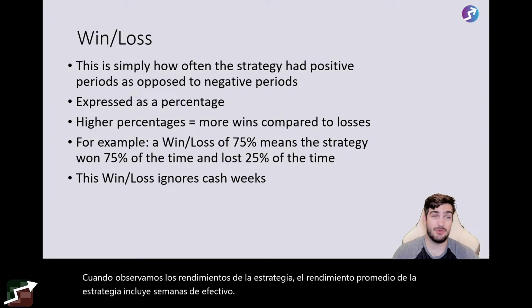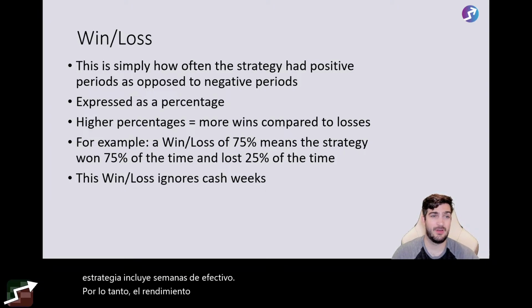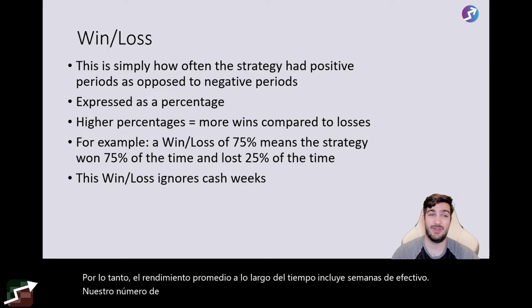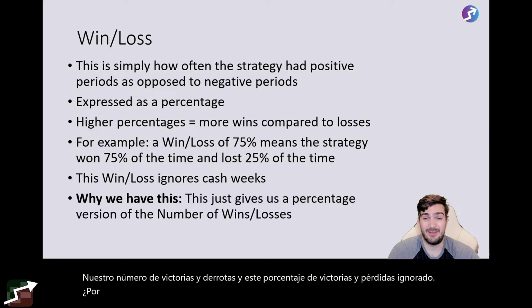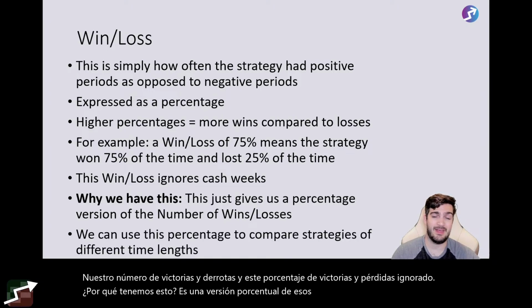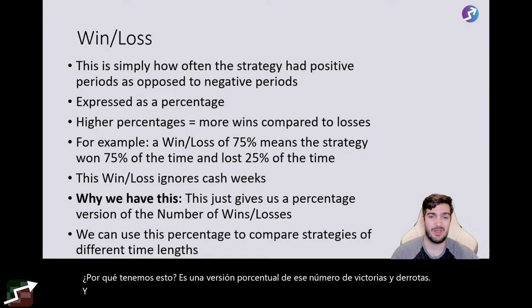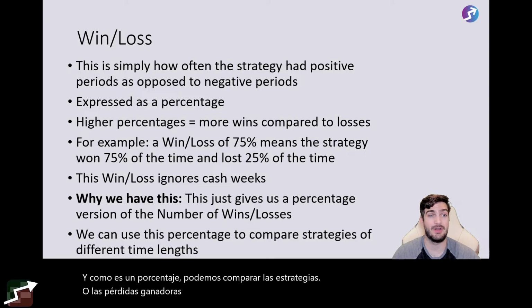So the average return over time includes cash weeks, while our number of wins and losses, and this win-loss percentage, ignore them. Why do we have this? It's a percent version of those number of wins and losses, and because it's a percentage, we can compare the win-losses of different strategies that have different start and end dates.